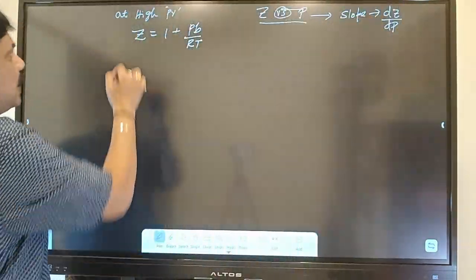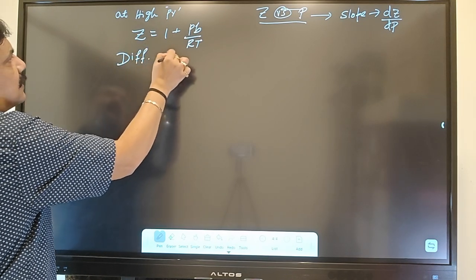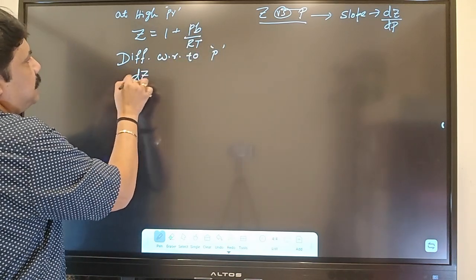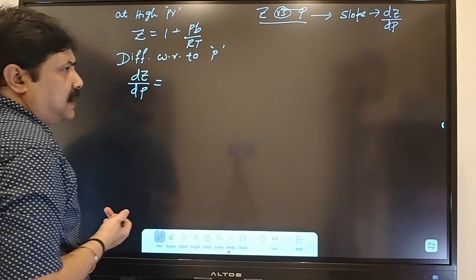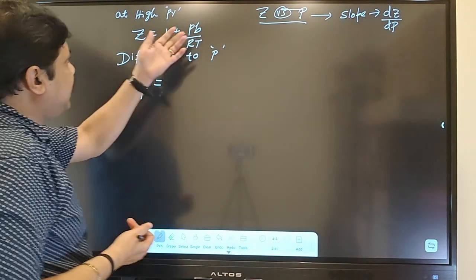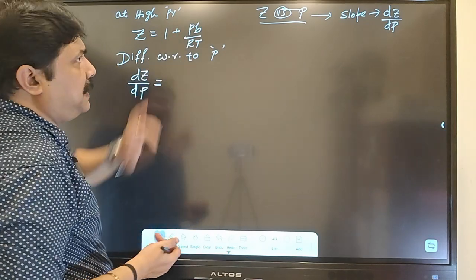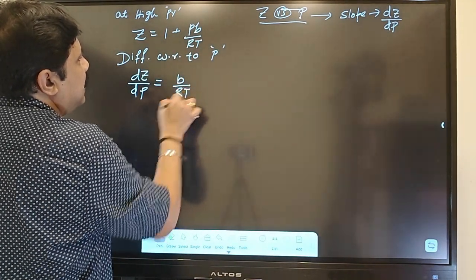Then differentiating with respect to P, what will you get over here? dz by dp equals: the differentiation of a constant term will be 0, and here B by RT is a constant term, and d/dp of P equals 1. So you will get dz by dp equals B by RT.